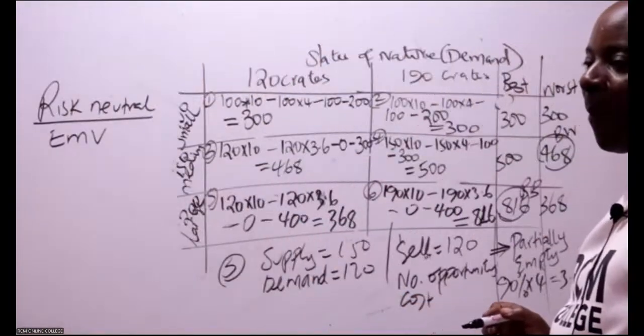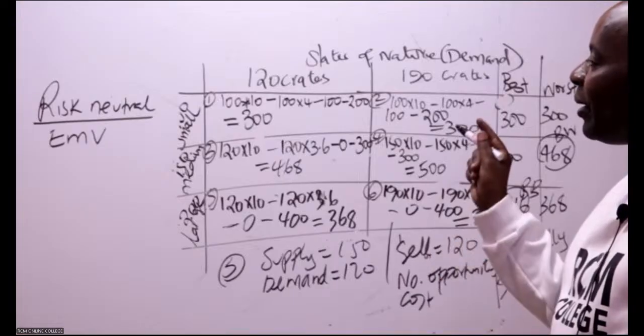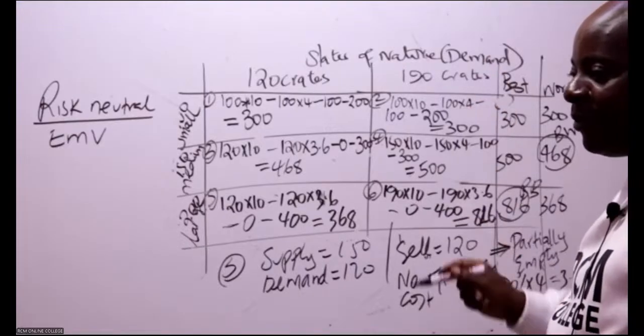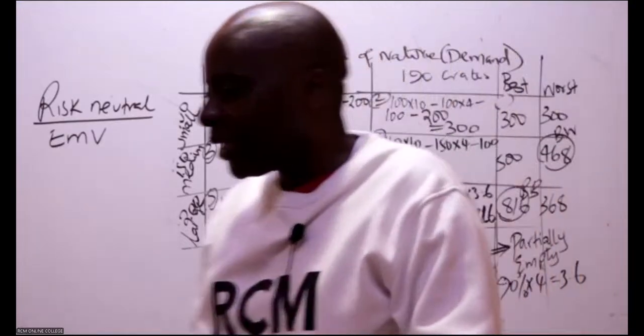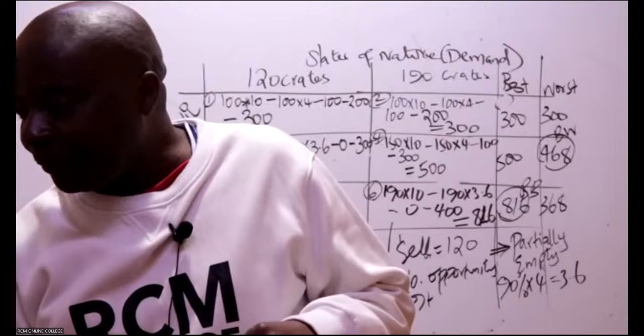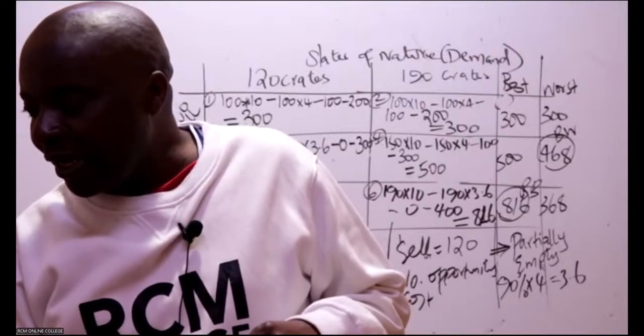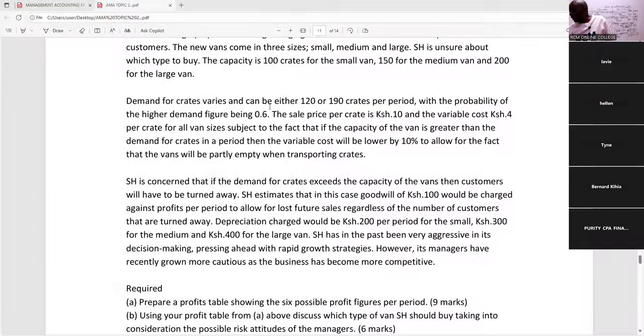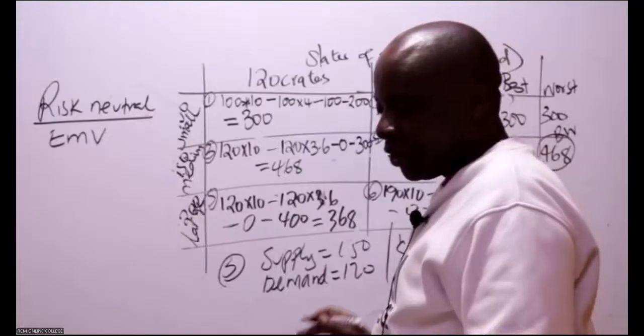Is there somebody who is able to remember the probabilities that were given to us for the demand states? 0.6 for the higher. They told us somewhere here that the demand for crates varies and can either be 120 or 190 crates per period, with the probability of the higher demand being 0.6.